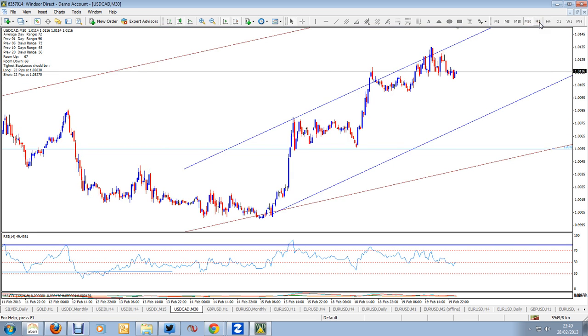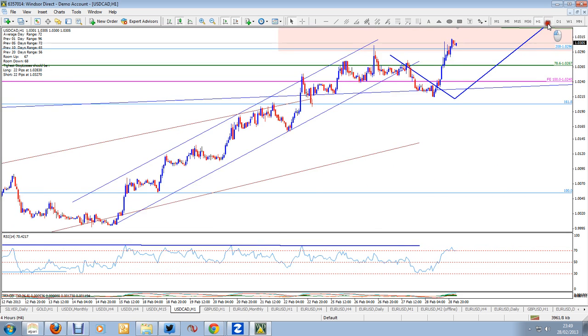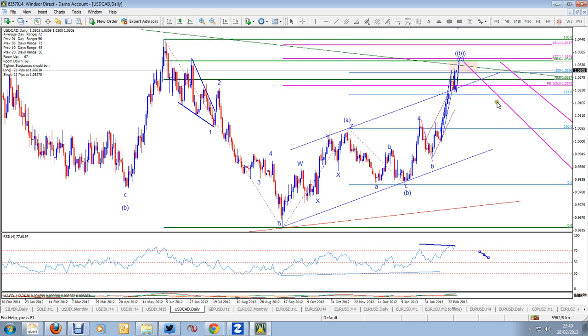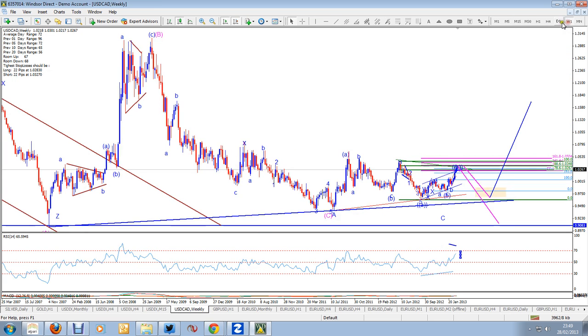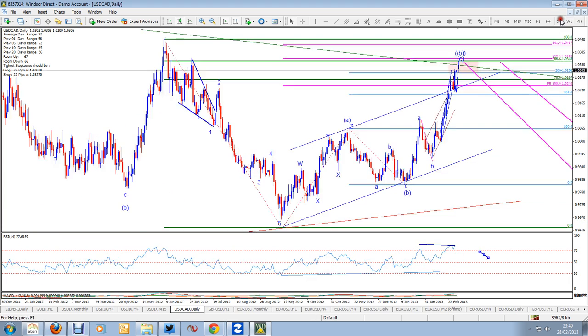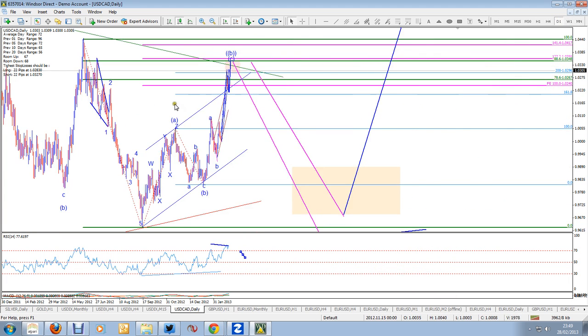So if the Canadian dollar hasn't topped, it is very close to topping, and I think they will all top with the dollar topping out. And so I'll just show you on daily chart in Canada.